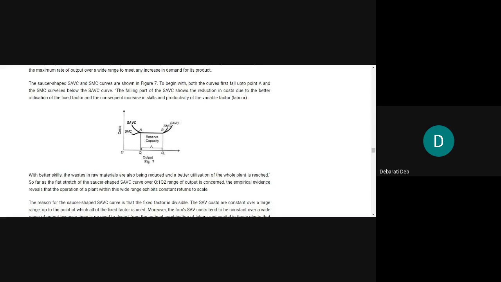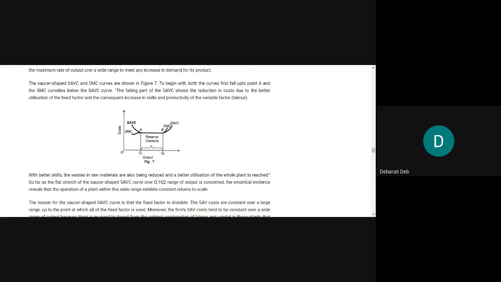Okay. First, you draw one big saucer. Name it as SAVC. And the SMC, you see, first it is starting a little bit messy. It goes down, then upward, then finally it meets with the SAVC curve. To begin with, both the curves first fall up to point A, and the SMC curve lies below the SAVC curve.